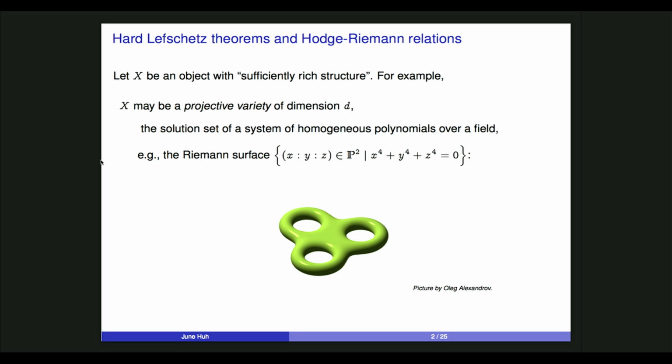Or maybe you're an algebraic geometer and your X may be a projective variety of dimension D defined over some field, so a solution set to a polynomial system of equations. That certainly counts as a sufficiently rich structure also.